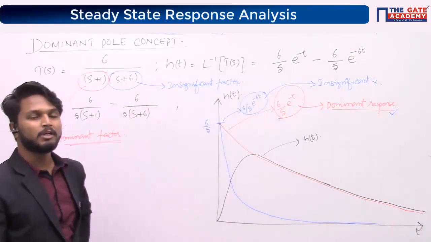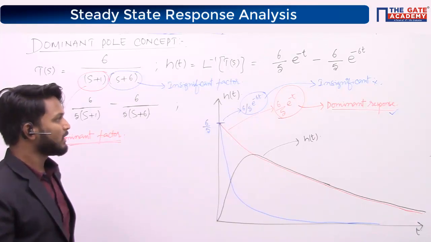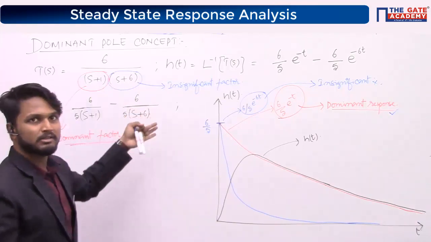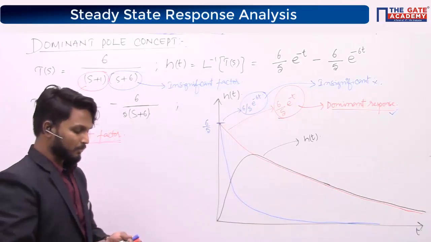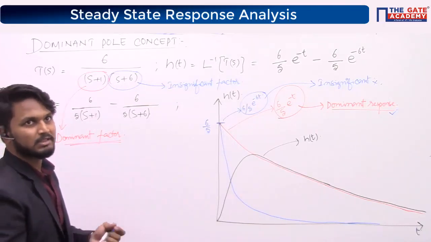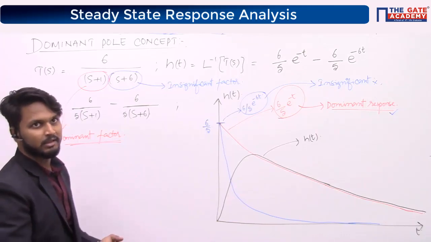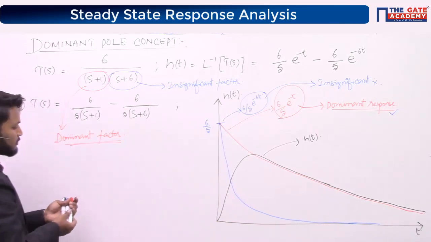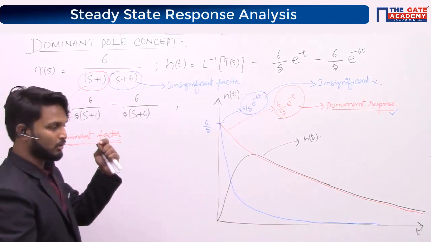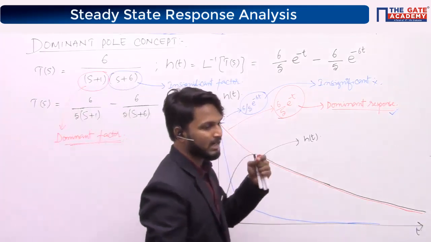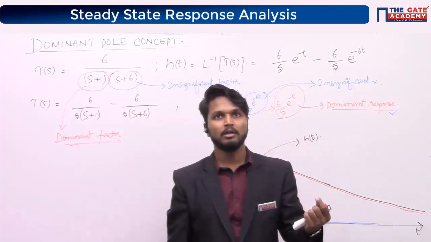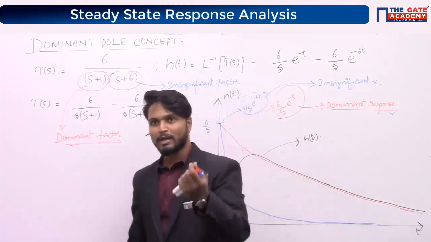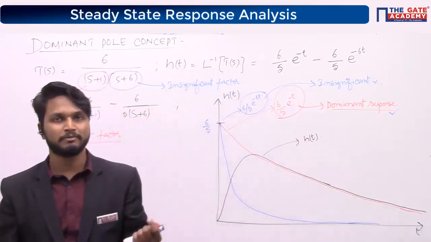So using the dominant pole concept, I'll reduce a second order system into a first order system. Before reducing, what you must check is there are two conditions that should be satisfied in order to approximate a second order system into a first order system.